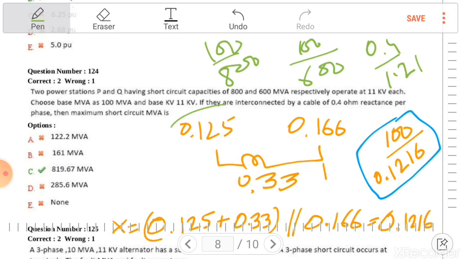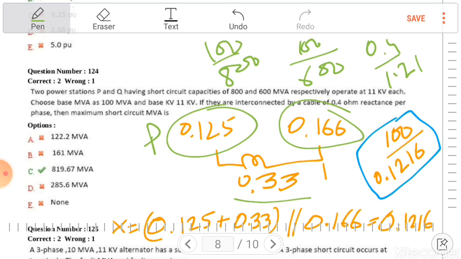It is 0.125 for station P and 0.166 for station Q, and the reactance connected is 0.2 ohm per phase. We will convert it into per unit by dividing by the base impedance, which is equal to 1.21. So it is 0.33.